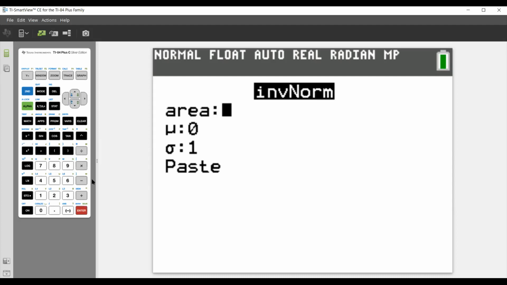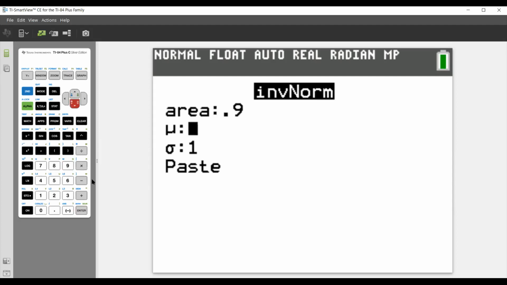If you're in the upper 10%, that means 90% of the people scored less than you, at least 90%, right? So this is the 90th percentile. If you're in the top 10%, what we're trying to find is the 90th percentile for this test. We're going to type in 0.9 here, or 1 minus 0.1, whatever you want to do.